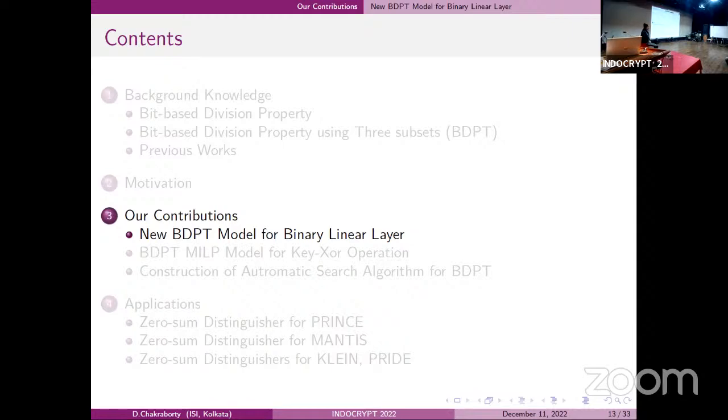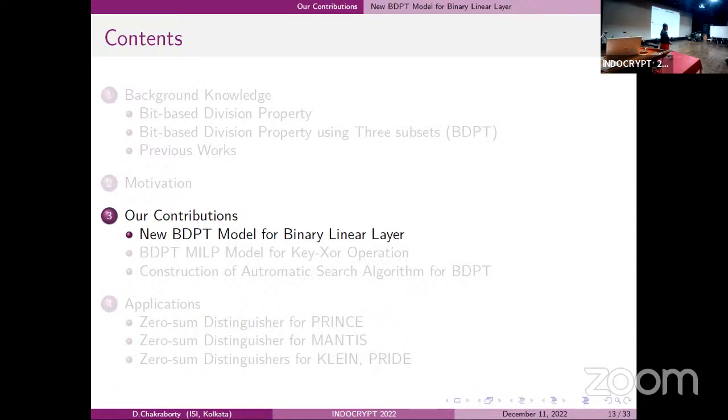Thank you for the nice talk. I have one question. I didn't really understand your distinction between binary linear layer and non-binary linear layer, because there's a difference between the linear layer in Prince and in Midori, for example.